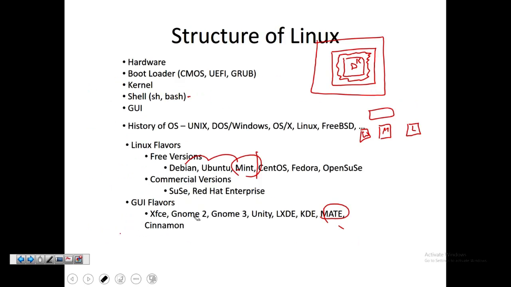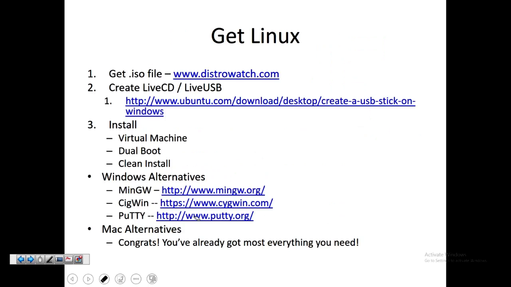I should say Ubuntu is the biggest. It's the most widely supported. It's the most widely used. So Ubuntu is also a good one to use to get started with. So if you want to get Linux, the first thing you have to do is get the ISO file. Okay, if you go to DistroWatch, they actually list hundreds of Linux distributions. And they list the most popular ones and where to get them and all that other fun stuff.